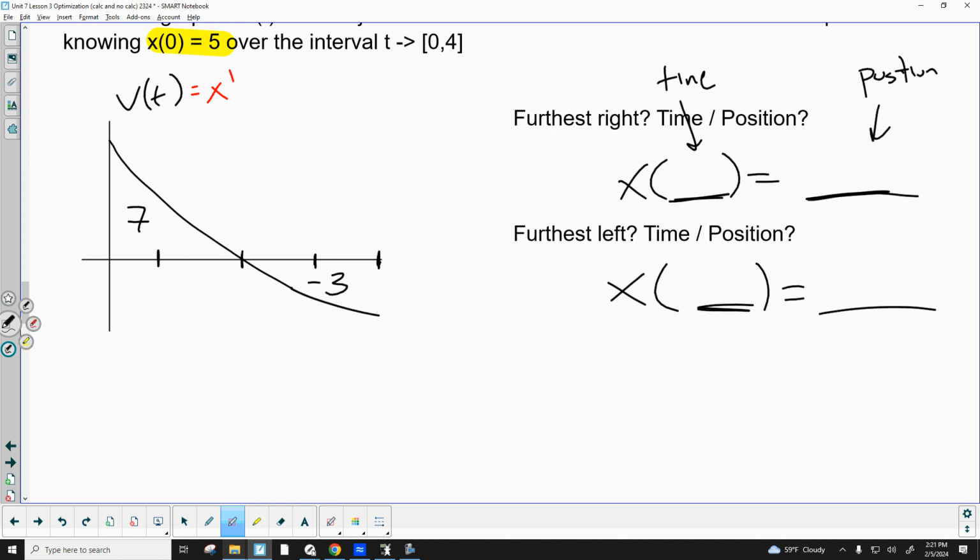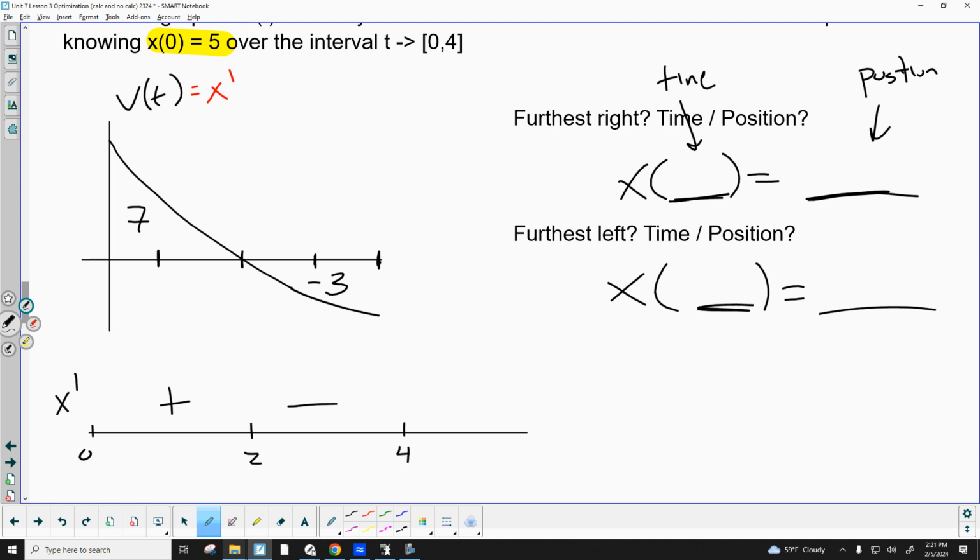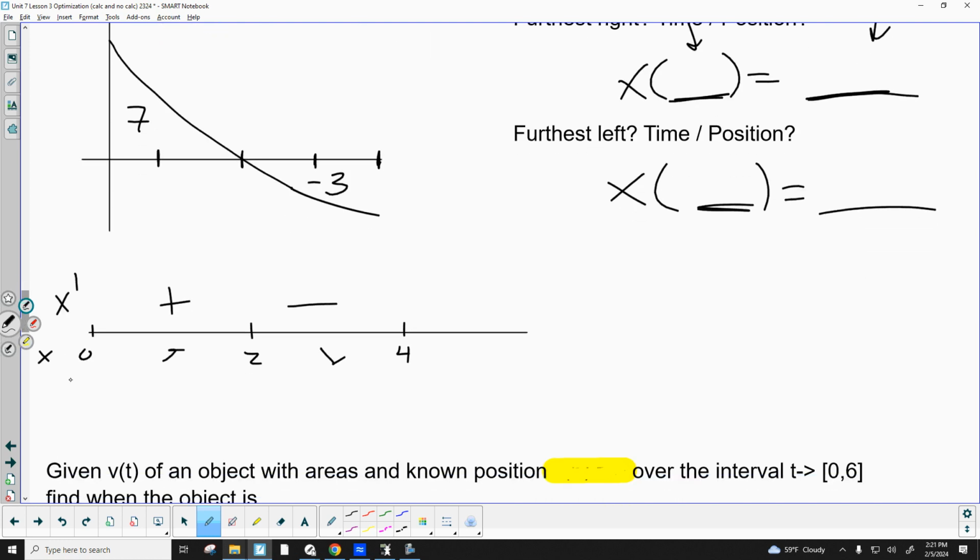Here is what we do. The derivative is positive until 2. It is negative until 4. That is telling me my position is increasing then decreasing. We have our displacements, we have our accumulations of our derivatives, this positive 7 minus 3.